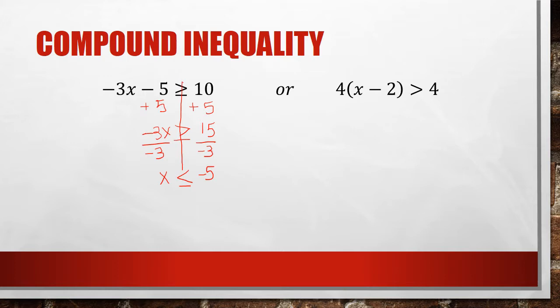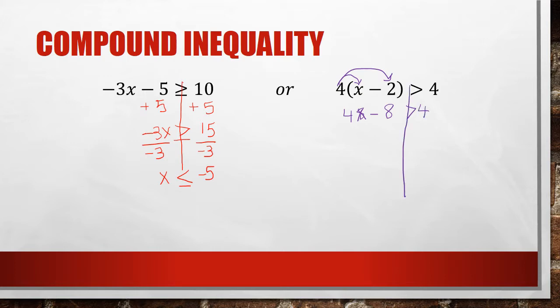Now let's solve the second inequality that we have here. We need to distribute: 4 times x is 4x, 4 times negative 2 is negative 8. We have 4x minus 8 is greater than 4.